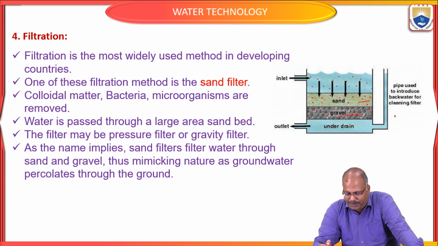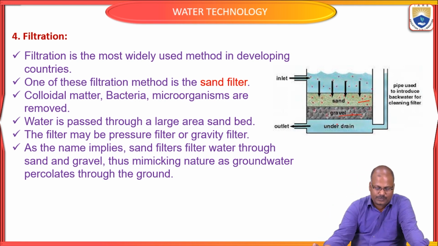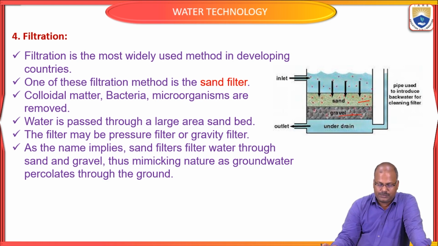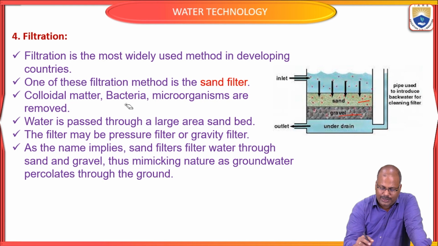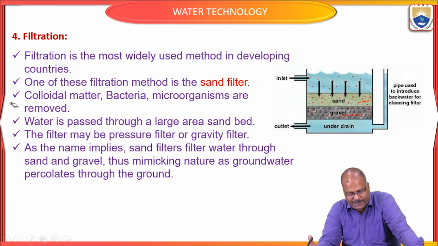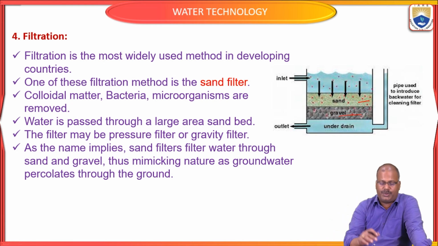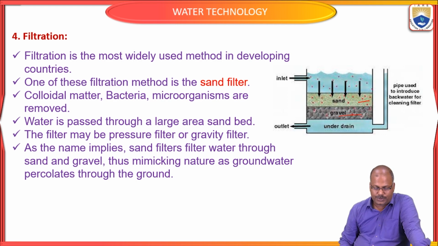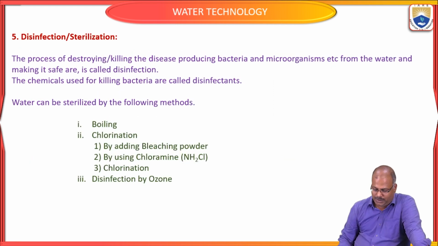This pipe is used to introduce back water for cleaning the filter, because after some time of filtration you have to clean it. This is the outlet for the pure water. This is also an important step to remove any colloidal matter, bacteria, microorganisms, which can be removed by filtration.